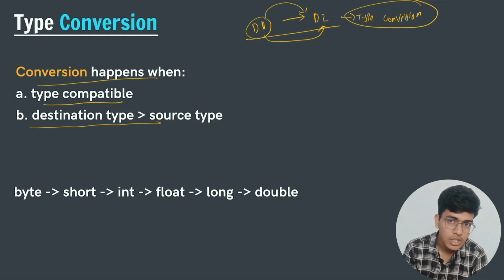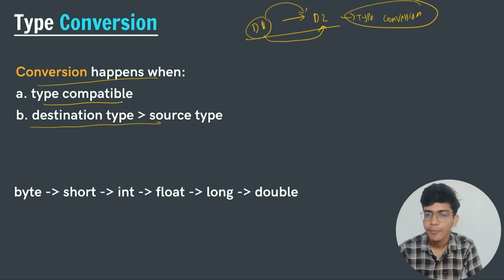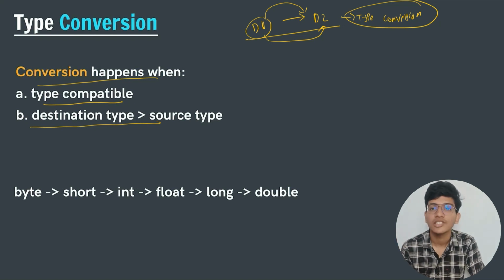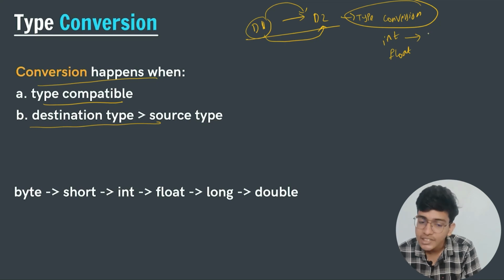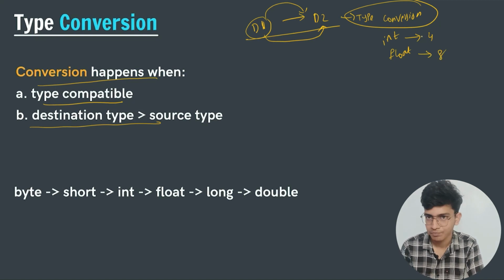So what are those conditions? The first condition is that it should be compatible, right? What is the meaning of compatible? Compatible means size: the destination size should be larger than the source size. Suppose there is an integer and a float, and we already studied that the size of integer is 4 and the size of float is 8.